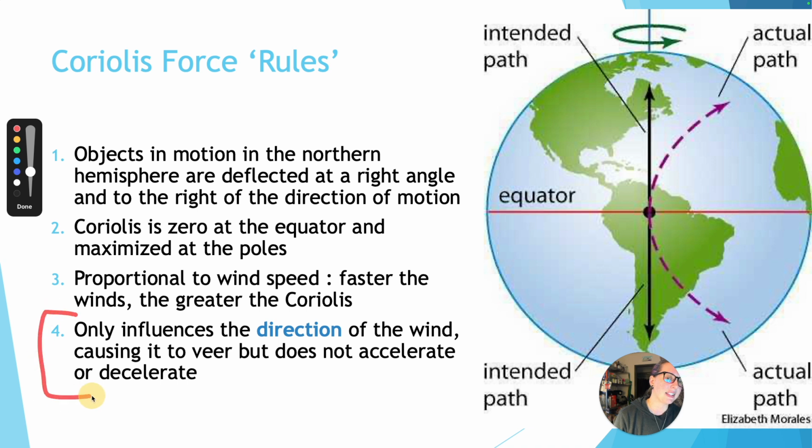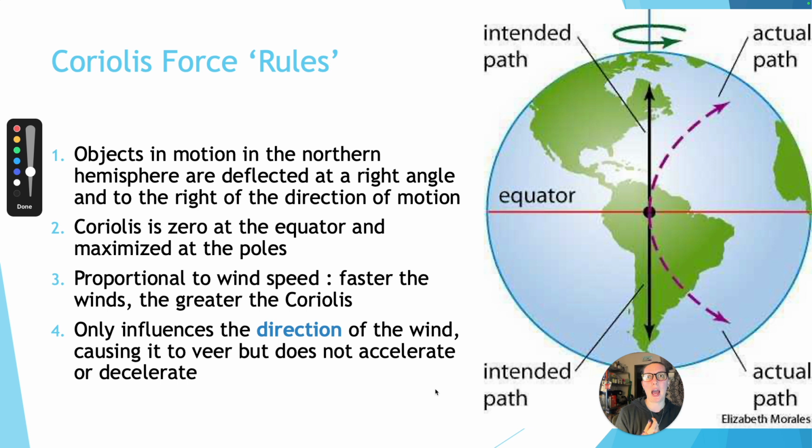And then the last little rule here is that the Coriolis force only influences the direction of the wind, or water. It does not determine how fast or slow the wind blows. So it doesn't help the movement increase, and it doesn't help the movement decrease.